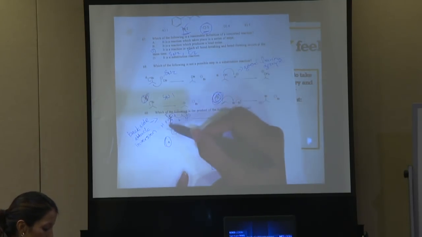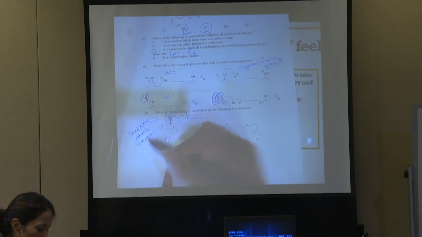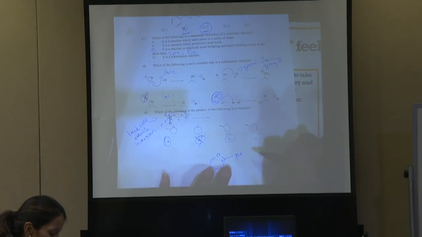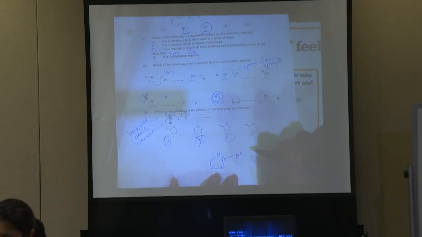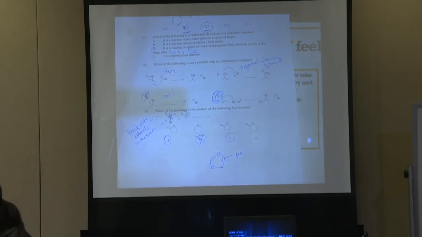So when I close this, we said we're going to have inversion, right? I know with a ring it's a little harder to see the inversion, but in this case the methyl is going to be on the wedge.